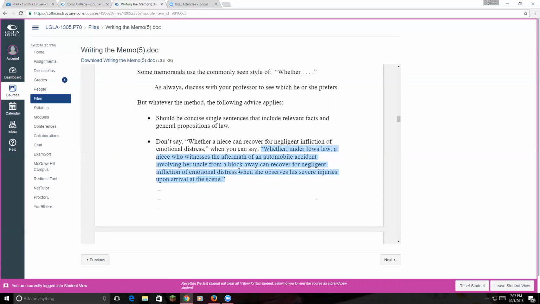Okay, so let's see if we can change it from a whether to a traditional question. Why don't we say, can a niece who witnesses the aftermath of an automobile accident involving her uncle from a block away recover for negligent infliction of emotional distress under Iowa law when she observes his severe injuries upon arrival at the scene?